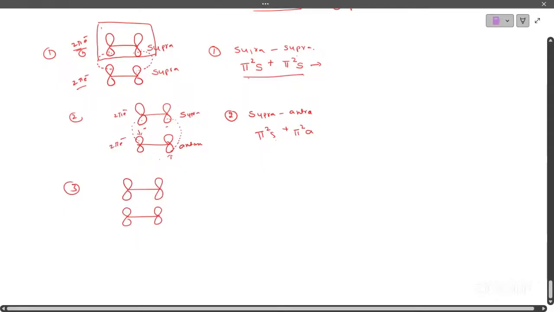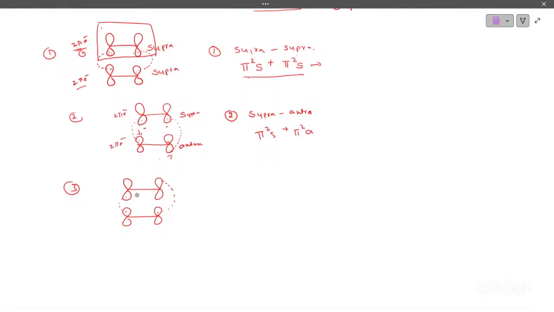Right? You make it, the one interaction is the standard interaction, and the other interaction is like this. You hide the second phi system, compare the lobes which are involved in interactions on the first phi system. Both the lobes are opposite. Therefore, this is antara. These two lobes.